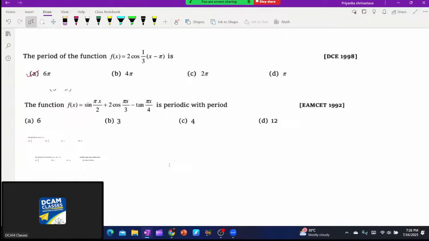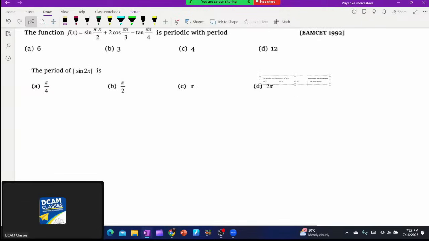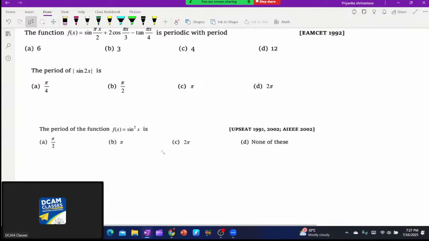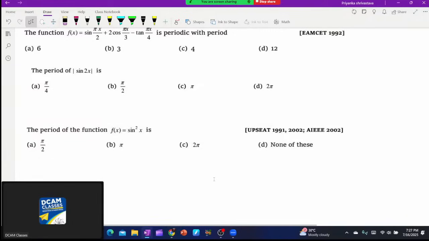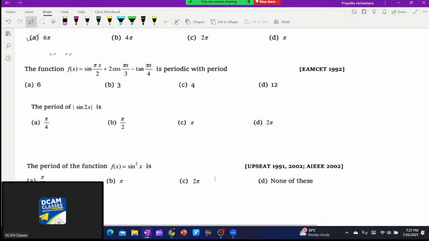You found the period and then found the LCM. Four comma six, LCM gives 12.